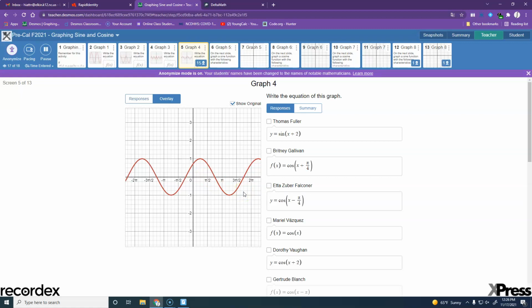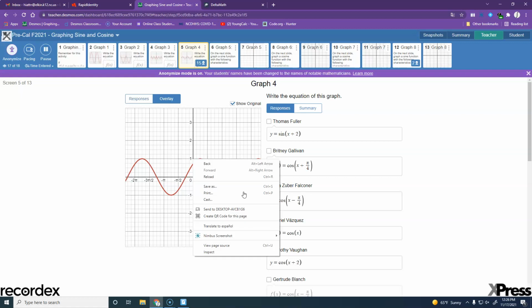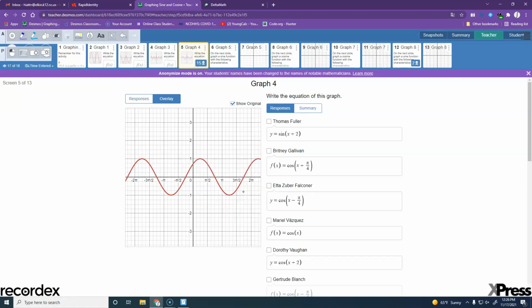Now, what we're looking at here is whether you pick sine or cosine, you have to have a phase shift for this. So normally, let's think of cosine first. If you start with cosine, it normally would have a maximum point right here. But that has been shifted over this distance, which is halfway between 0 and pi. Half of a half is a 1/4, so it's pi over 4 right there.